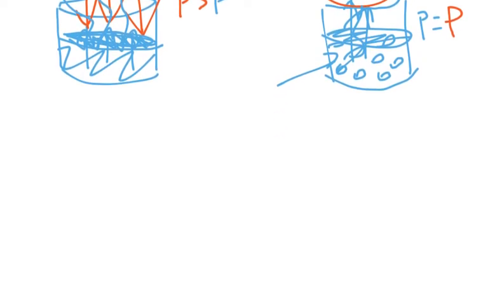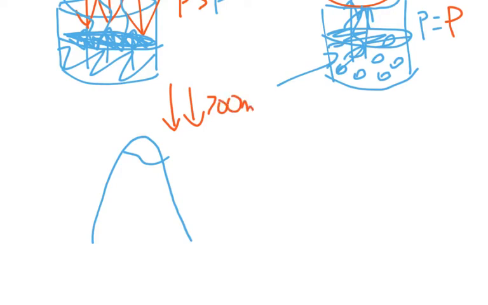For example, what if you were on the mountains where the atmospheric pressure was lower than 760 millimeters of mercury? For example, what if the atmospheric pressure on a certain mountain was 700 millimeters of mercury? Would you expect the water up here to have a higher boiling point or a lower boiling point?